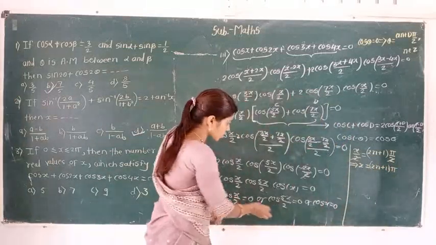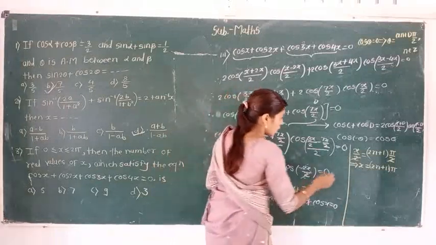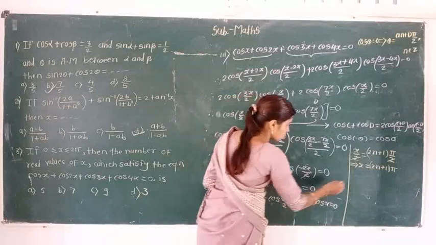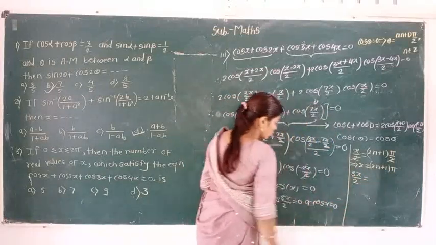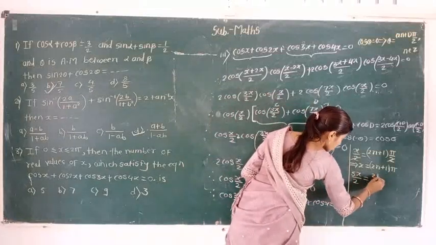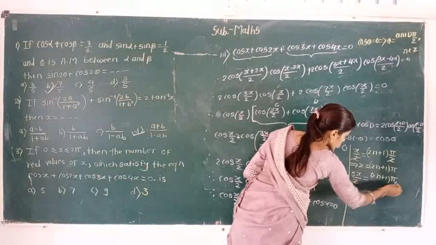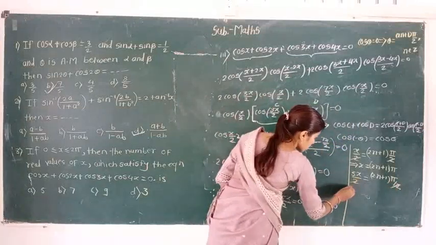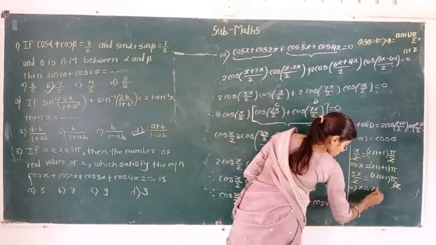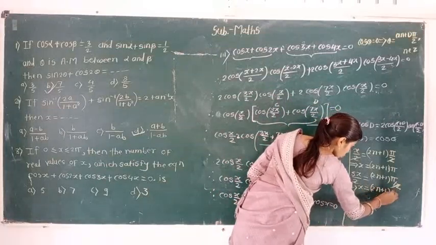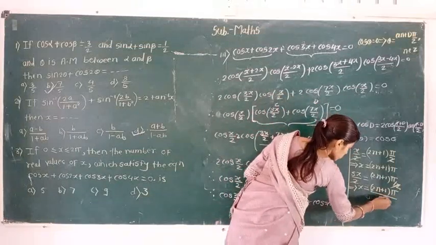Now see the second equation. The solution of this equation: 5x/2 = (2n+1)π/2. These two terms will get cancelled. Then the value of x is (2n+1)π divided by 5.